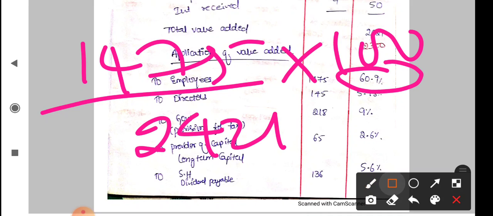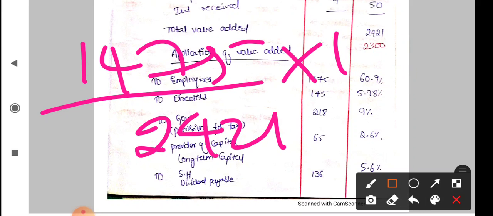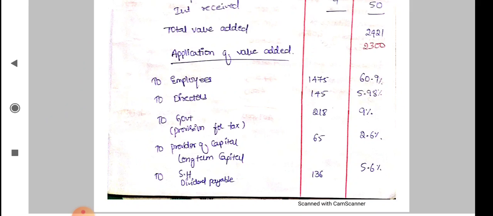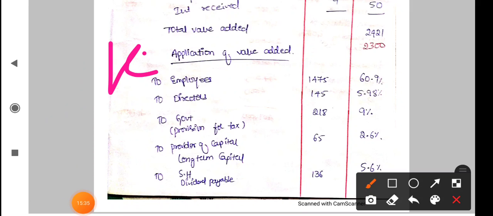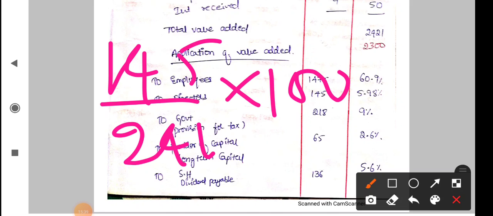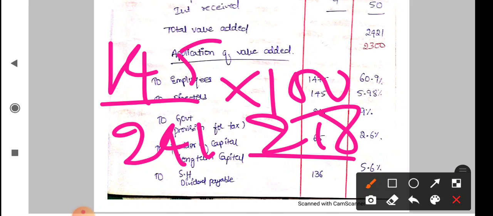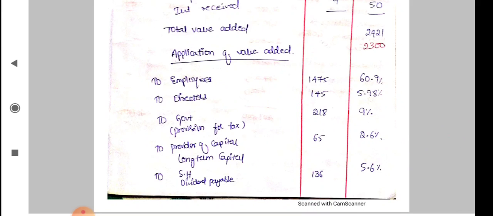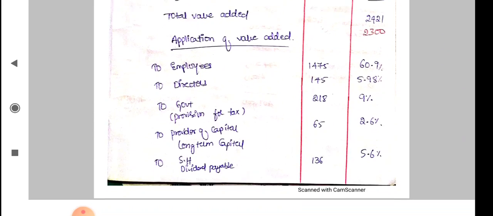Likewise, other things: 145 by 2421 into 100. Next, 218 by 2421 into 100. So divide all of these by the total into 100, and you will get the percentages.